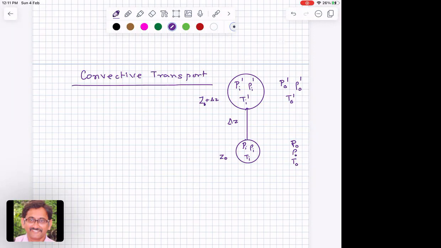On the other hand, if in the new position rho i prime is less than rho o prime, then by buoyancy it will be pushed even further. Is this clear?